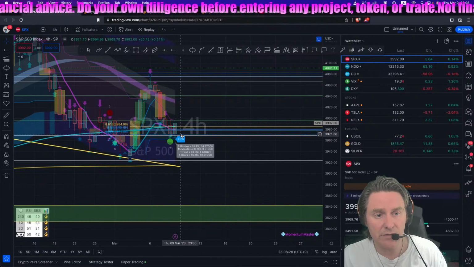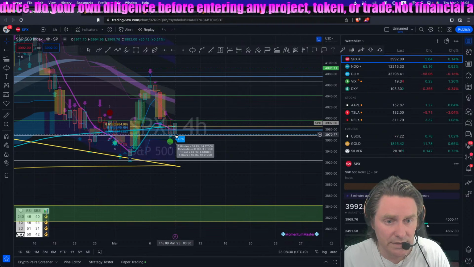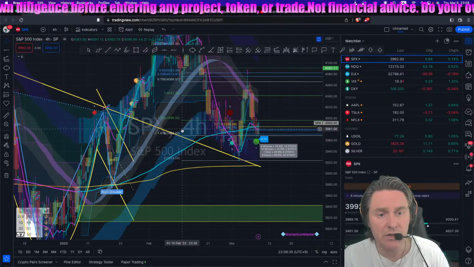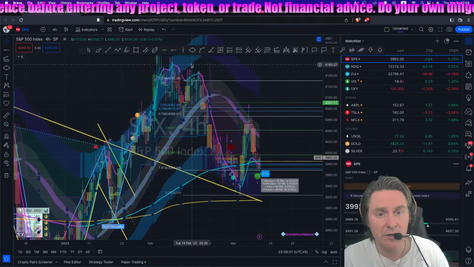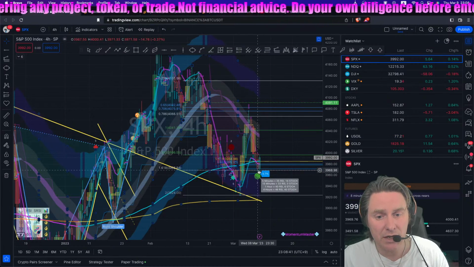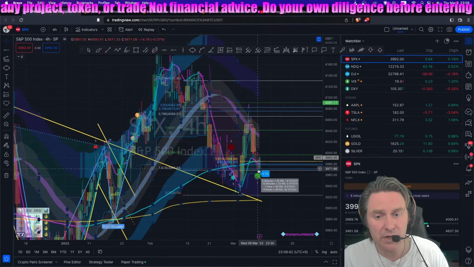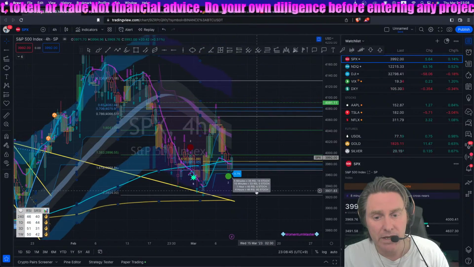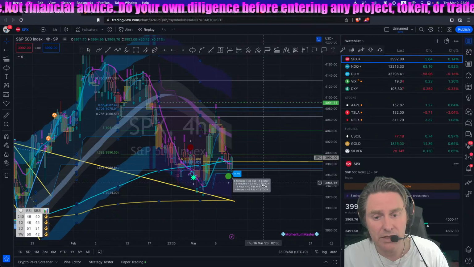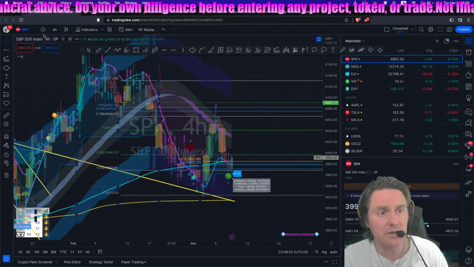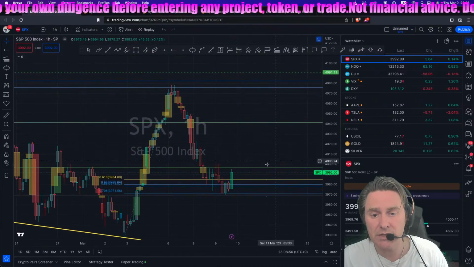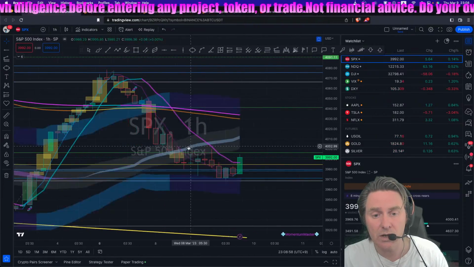It found some relief off of the 706 golden pocket region, which also coincides with the 1618 of the trend-based bearish fib extension tool. So you got that confluence on confluence right here for that bounce, and you're seeing the hourly and the 4-hour and the 15 and the 5 reach into a nice state where they could possibly continue to go up.